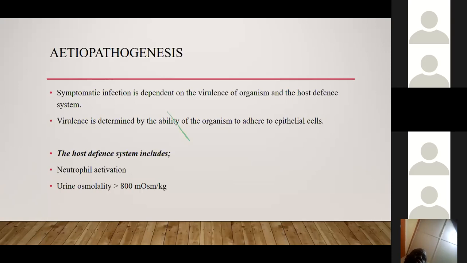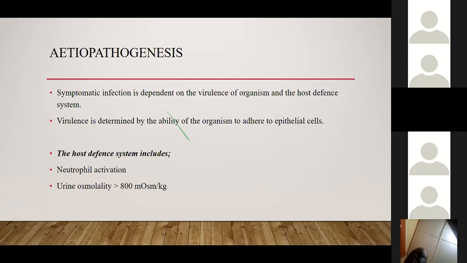Okay. So when we talk about virulence or an organism's ability to cause infection, what are we looking at? In UTI, organisms that are able to adhere or get stuck onto the epithelial surface of your urinary tract system tend to be very, very virulent.